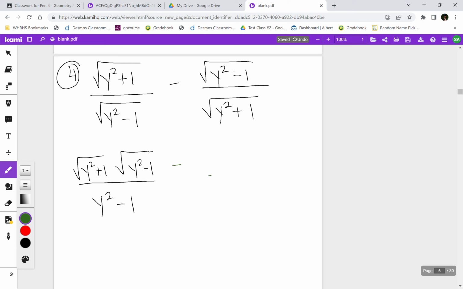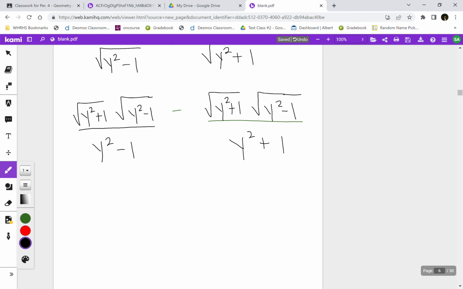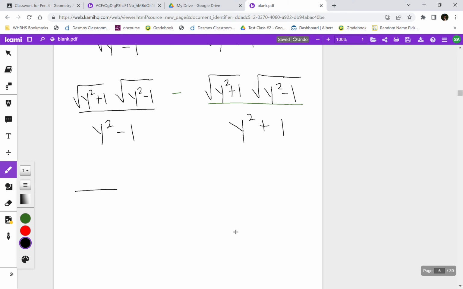Then in the second fraction, I'm going to multiply by the root of y squared plus 1. So we have y squared plus 1 times the root of y squared minus 1 all over y squared plus 1. Do we agree our common denominator will now be y squared minus 1 times y squared plus 1?